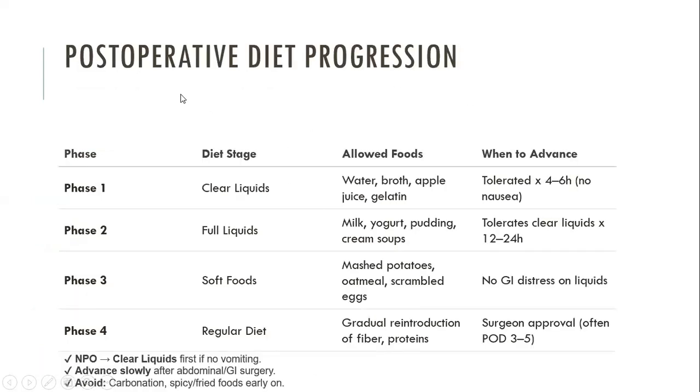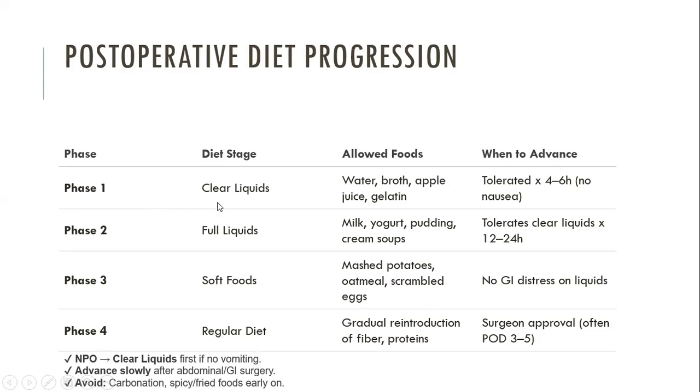Post-operative diet progression is very important for patients because in a few instances patients start taking everything after surgery and they again cause very serious problems. So post-operative diet progression is basically started in 4 phases, and in each phase the patient is allowed a few things and prohibited from a few things.